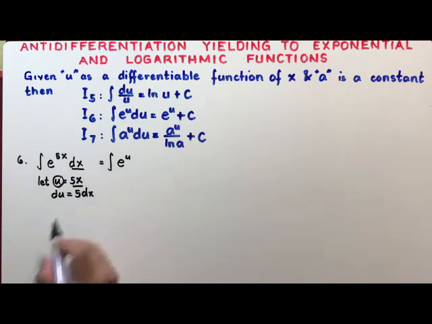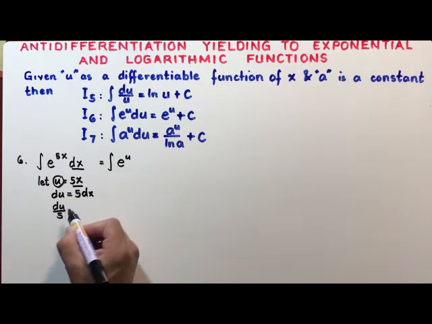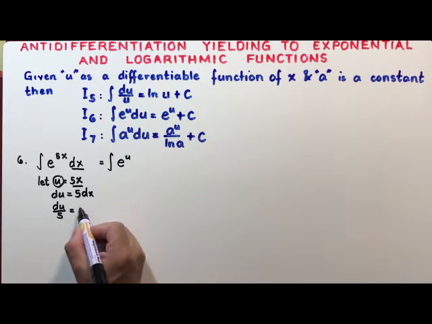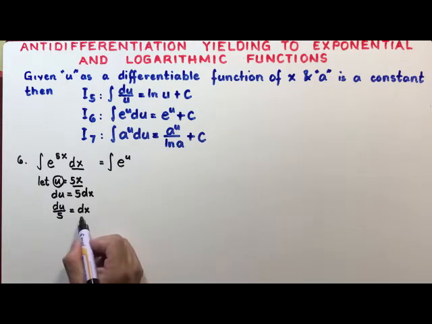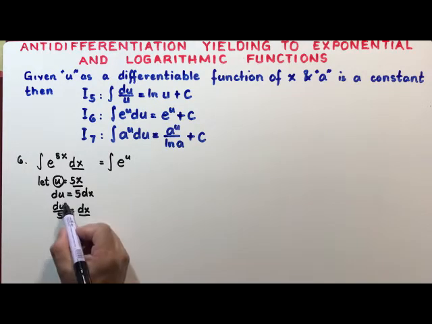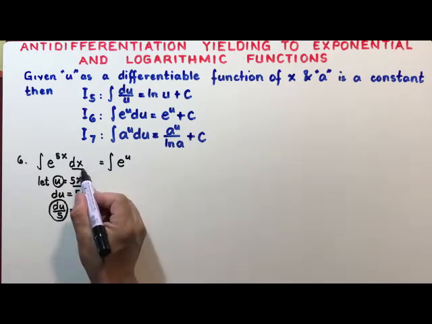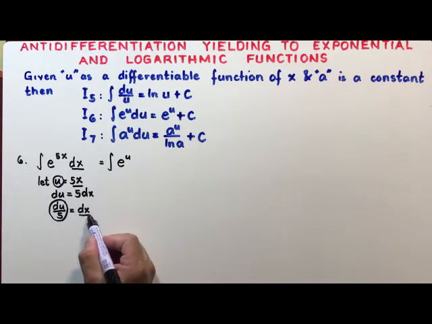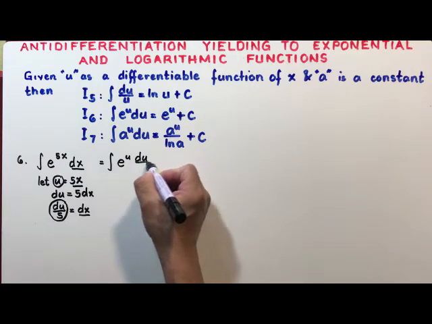So I need to eliminate 5 by dividing both sides by 5. So du over 5 is equal to dx. So now our dx is just equal to du over 5. Instead of writing dx, I will write its equivalent expression, which is du over 5.